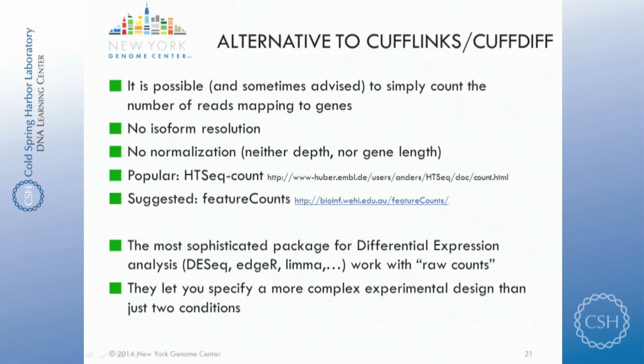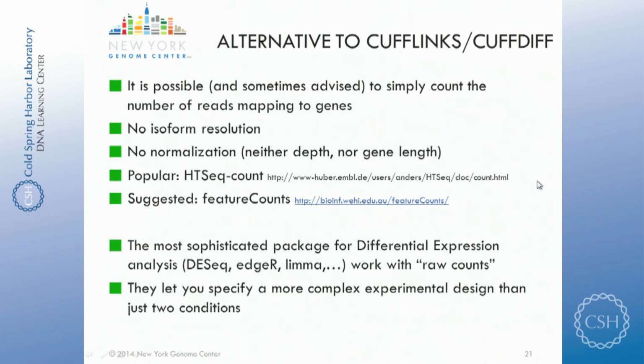So you don't go to the isoform resolution. You don't do transcript per transcript. You really only count reads, how many reads map to each interval, each genomic location corresponding to a gene. And you don't normalize, so neither by depth of sequencing nor by gene length. You just count the number of reads mapping to each gene.